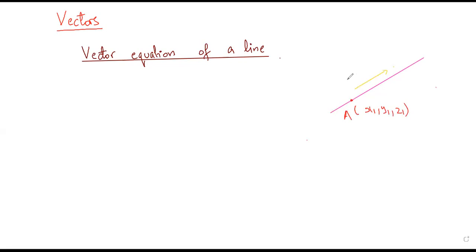So this vector has the coordinates A, B, and C. So this basically is Ai plus Bj plus Ck, right? Did you understand this? Yes. Okay.